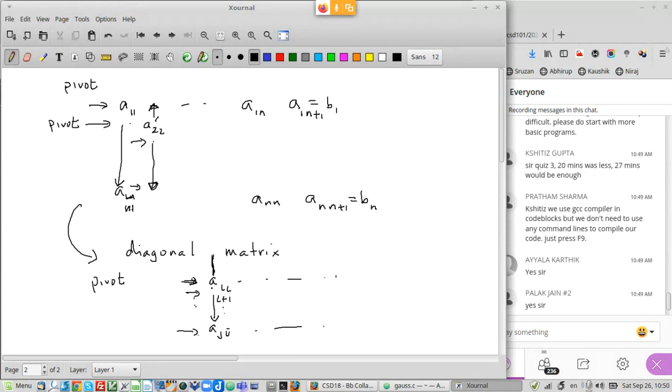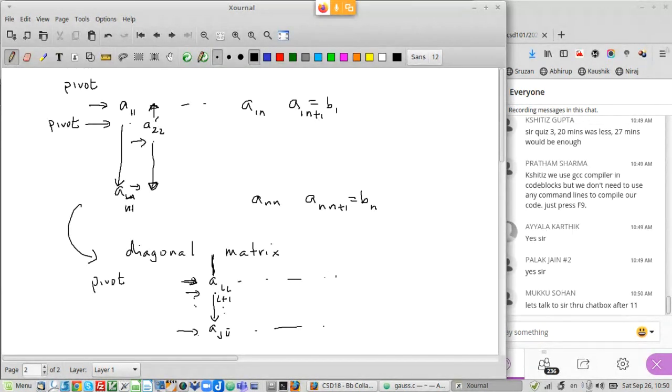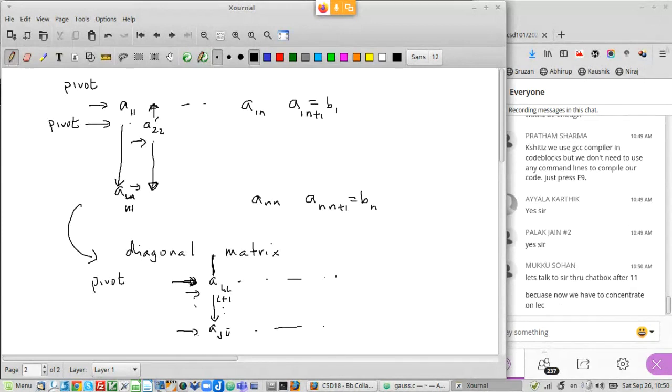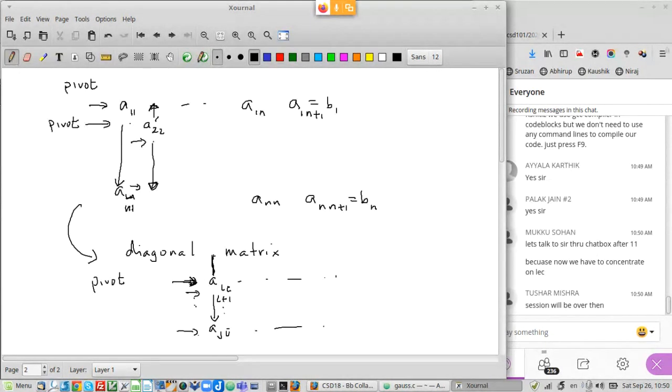In Gauss elimination, you are zeroing out only the coefficients which are below the pivot. In Gauss-Jordan, you are zeroing out not only things below, but also the things which are above. This can either become 1 if you wish, or remain aii, whatever the value is.